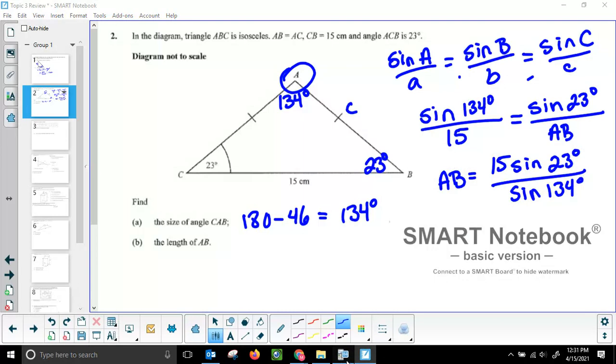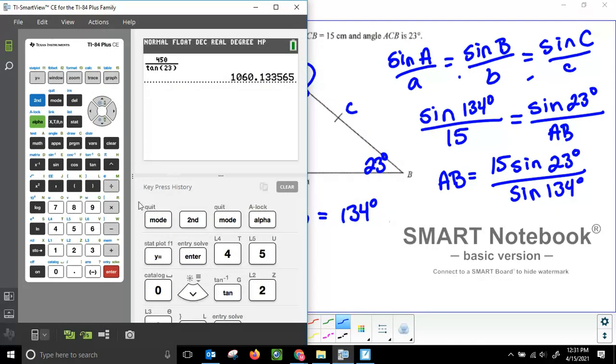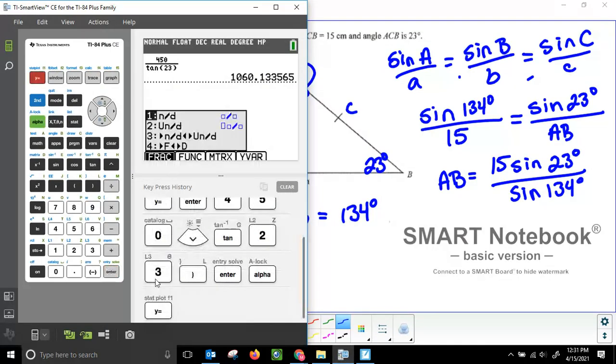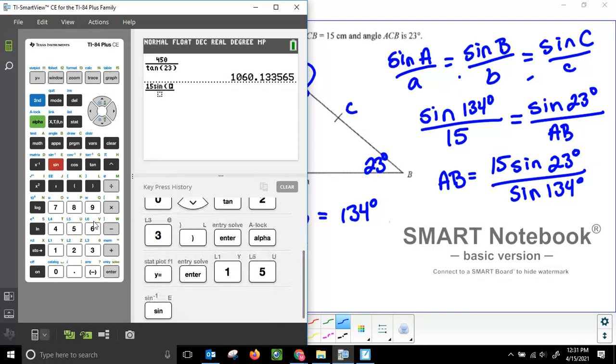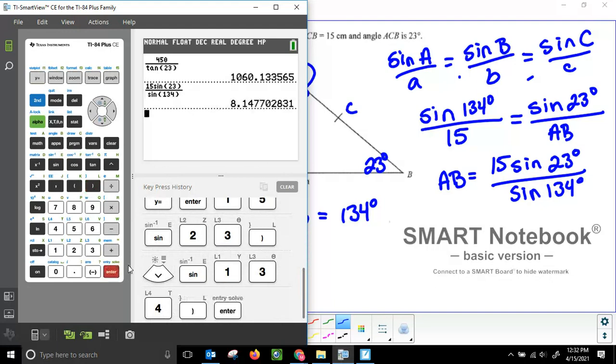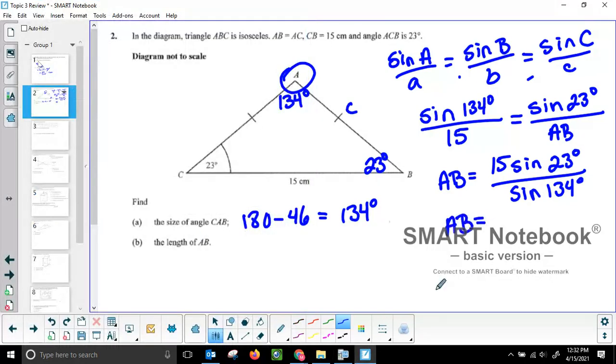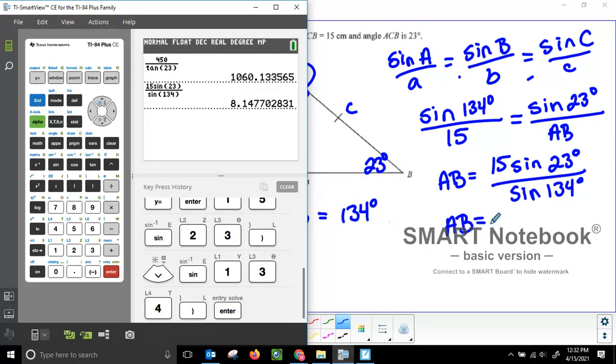So we plug that into our handy dandy calculator. We have 15 sine 23 over sine of 134. We do that and we get that side AB is equal to, again, we either want to give exact, like every single thing that's on here, or 3 sig figs.